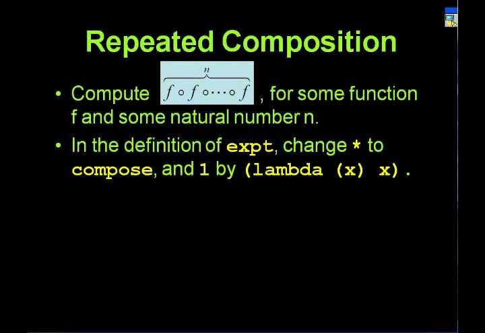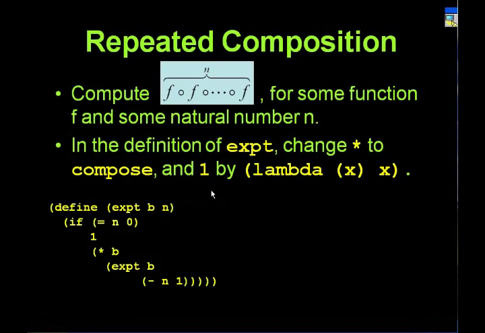Sometimes you have to compute these kinds of procedures, which are functions applied f n times. The definition of expt, which is exponential, can be obtained from this particular expression if you replace essentially this operator by star.